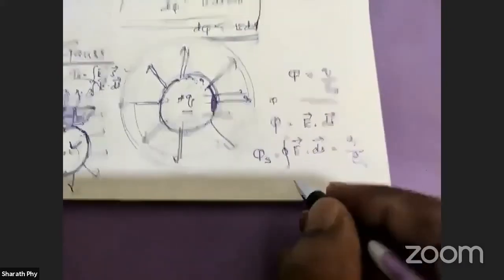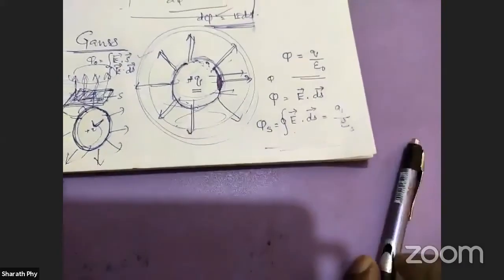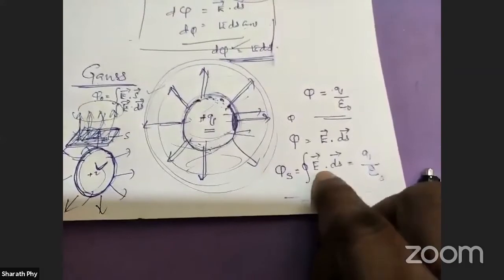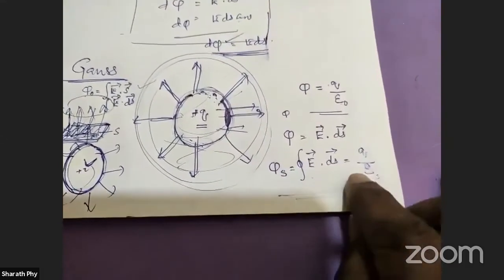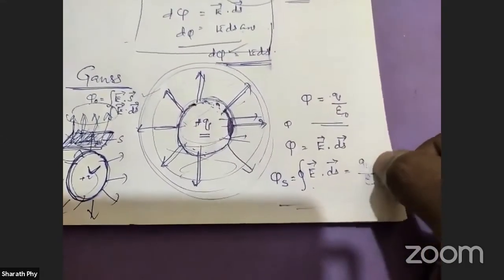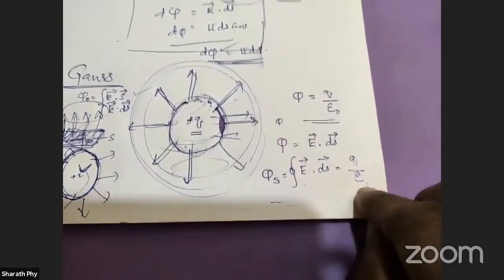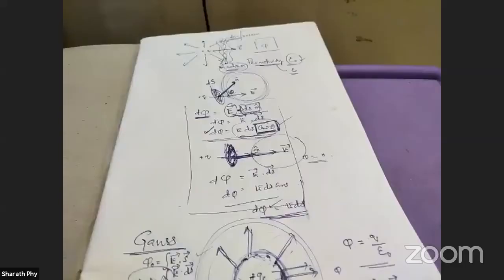So here the Gauss law we got: surface integral of E bar dot ds bar is equal to charge divided by epsilon naught. So, my dear students, the Gauss law gives us the easiest way to calculate the flux linked with a closed surface.